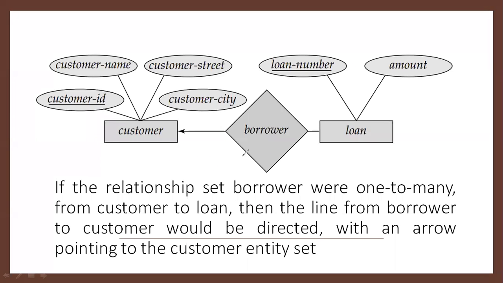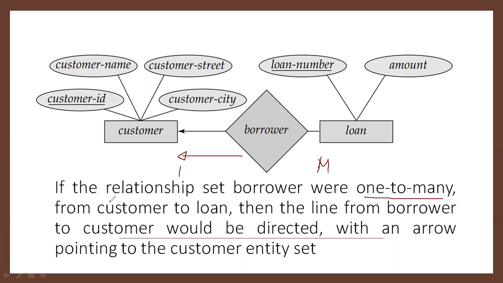So you can see here from borrower to customer an arrow is given. Wherever arrow is there, that will be one, and where arrow is not there, that is many. So that's why it is called one to many.